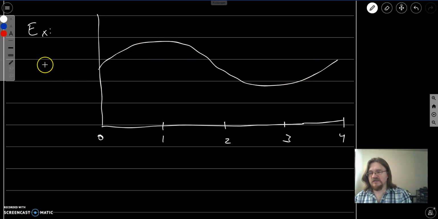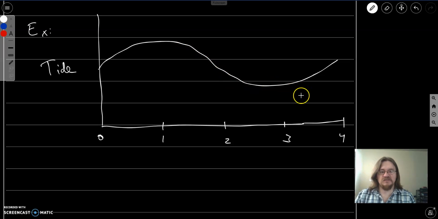So this is like how far in the tide is. And this is not a real graph, by the way. This is just something I've made up on the fly. And we have this shape, so how fast the tide is coming in at any point in time is going to be the derivative of this guy.